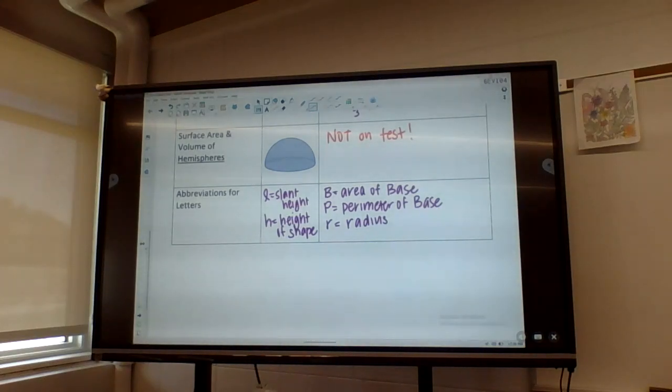So area of the base, perimeter of the base, radius, slant height, height of shape, kind of those different things that we could end up needing.